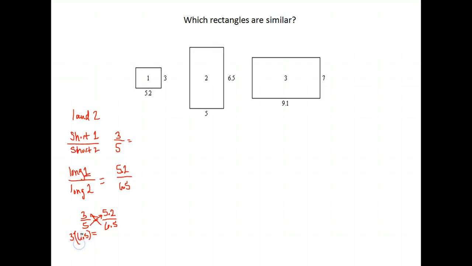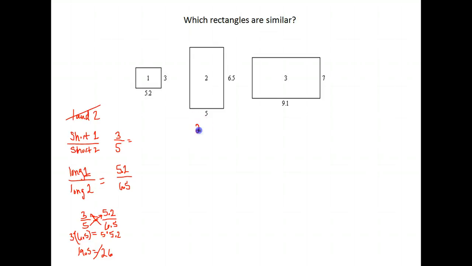So over here we'd have 3 times 6.5, which is 19.5. On the other side, we'd have 5 times 5.2, which is 26. So obviously not the same, okay, which means the sides are not proportional. So it could not be rectangle 1 and rectangle 2.